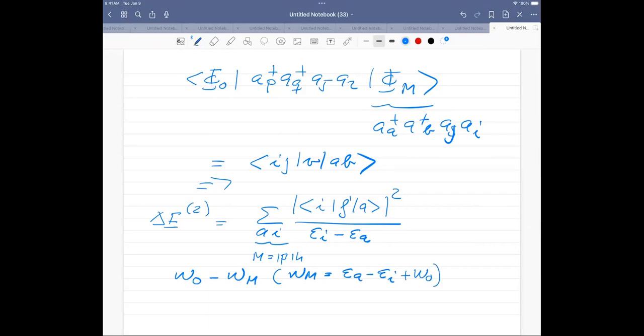So when I subtract W0 from here, that disappears, and then I'm left with epsilon I minus epsilon A. So this specific matrix element, which I'm having here, is just this sum over J, and then I have my Ij, V, Aj, anti-symmetrized. And this matrix element is squared. Actually, it's the Hermitian conjugate times the matrix element itself. So that's the first term.